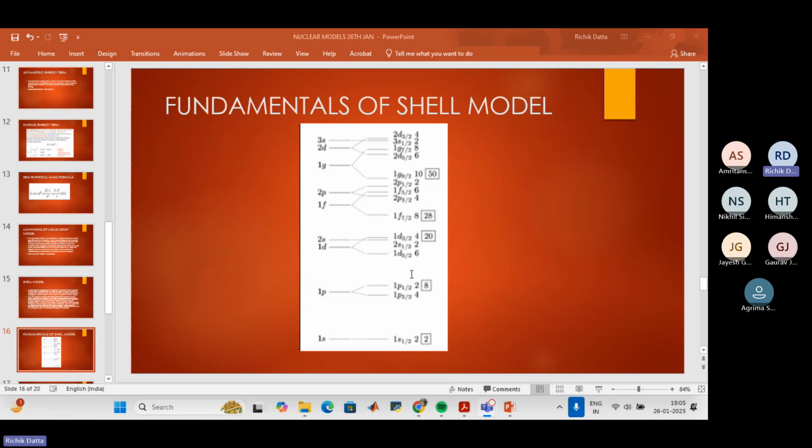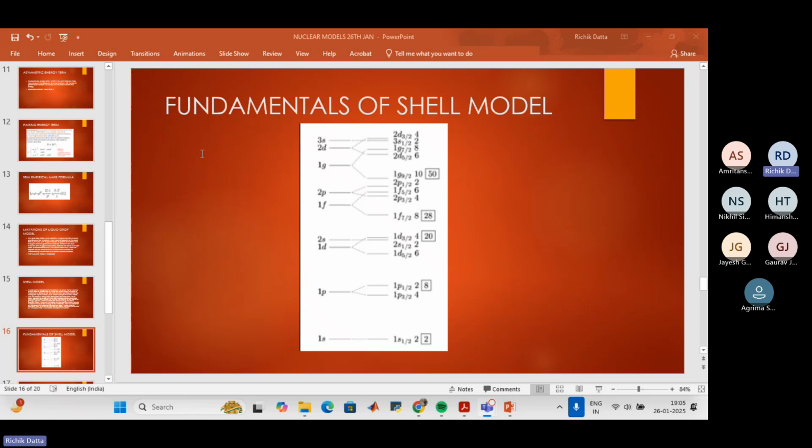Before the shell model, the electrons move in a very harmonic way. So there is one potential which is known as the Woods-Saxon potential. This basically describes the shell model and shell structure.